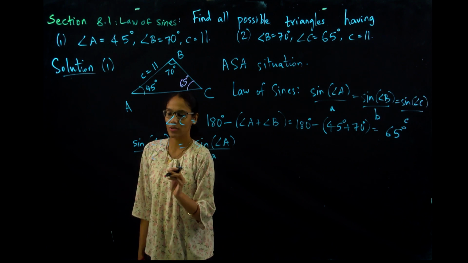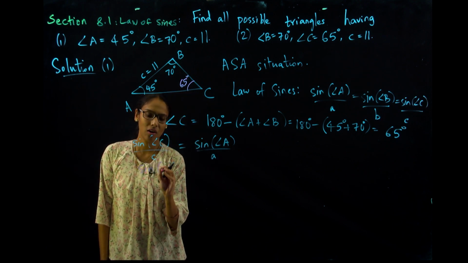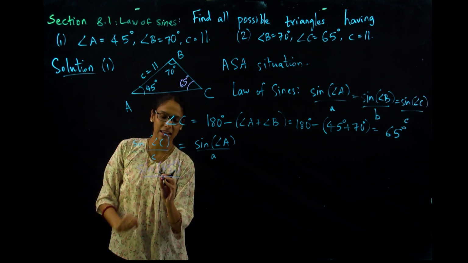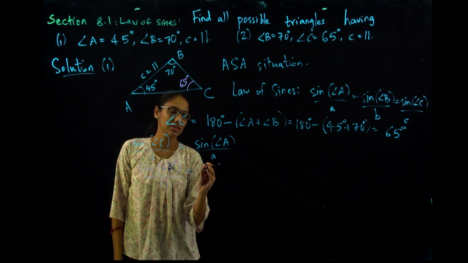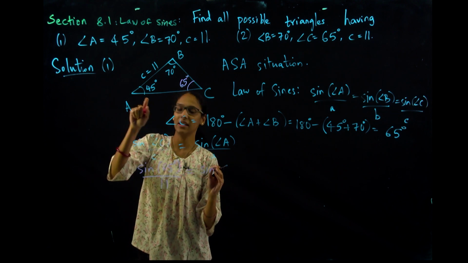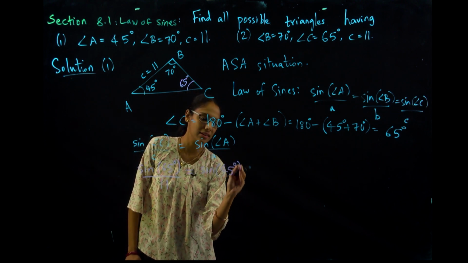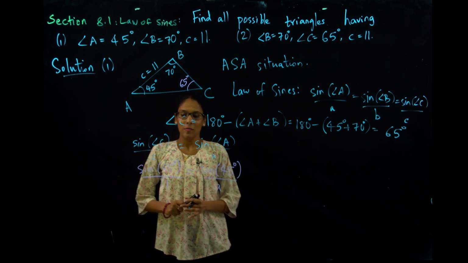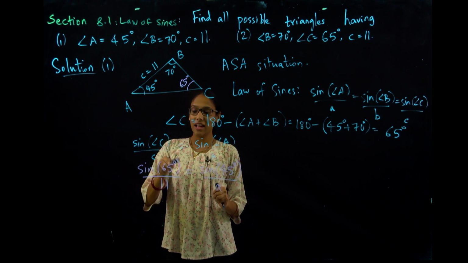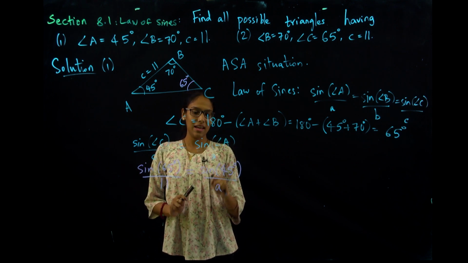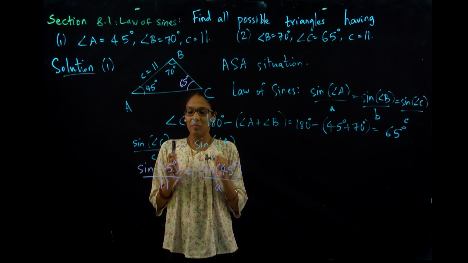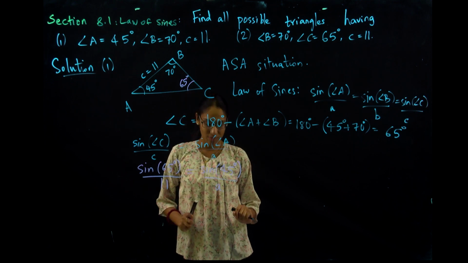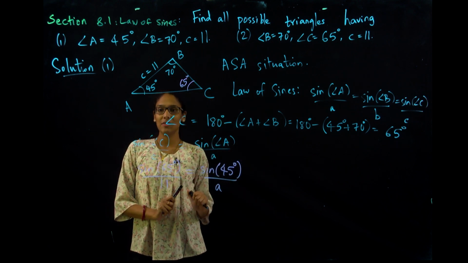So this is going to be sine of 65 degrees over little c, which is 11 units, equal to sine of angle A, which is 45 degrees, divided by little a. Plug into a calculator and get the values for sine of 65 degrees, sine of 45 degrees. Please make sure that your calculator is in degree mode and not in radian mode when you're doing this problem, because the measurements are given in degrees here.